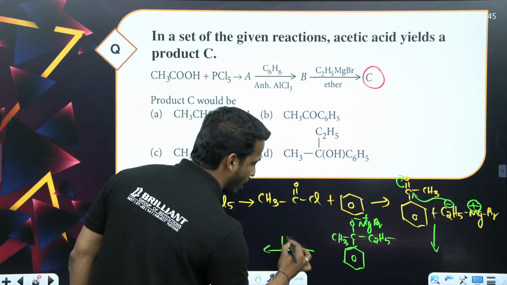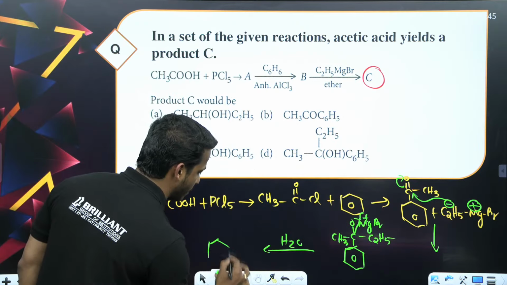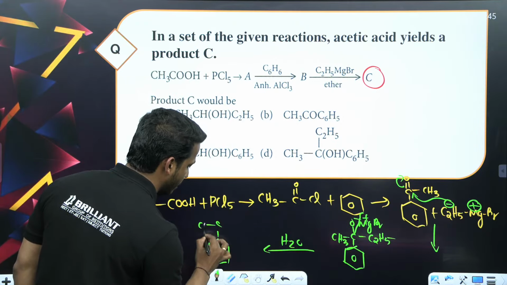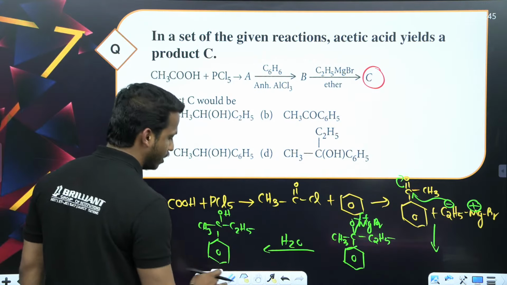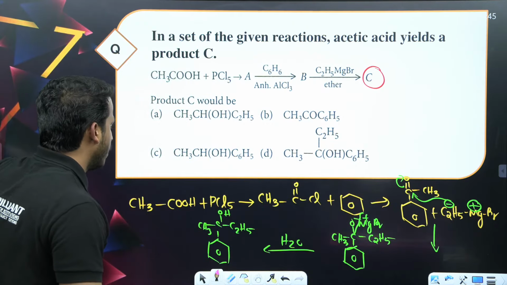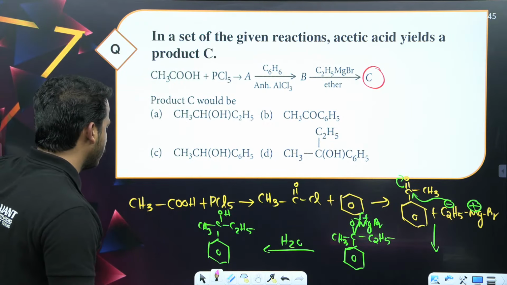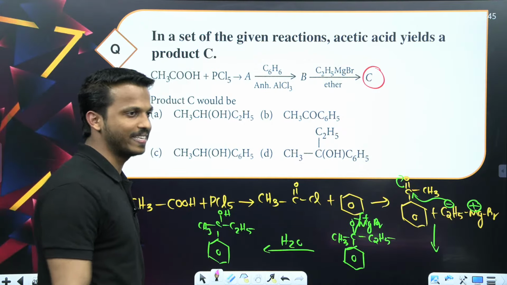Later on hydrolysis, you will get OH here, benzene with CH3, then C2H5, and one OH group. This is the final product: C6H5, C-OH, CH3, C2H5.